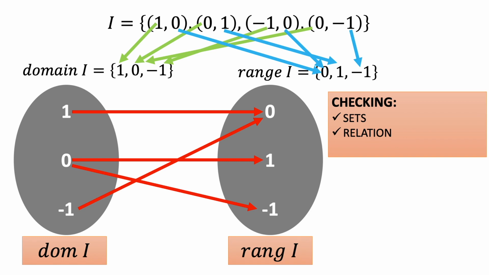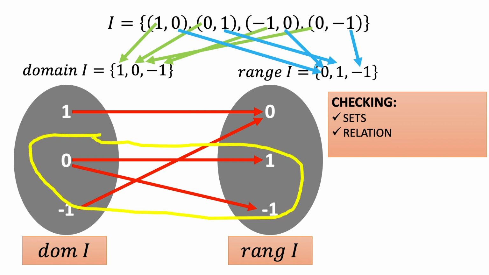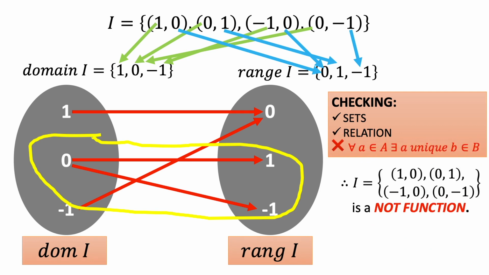Look, the element 0 of domain I was mapped to 2 elements in the range I. Remember, for set I to be a function, 0 must be mapped to 1 and only 1 element in range I. Therefore, set I is not a function, it is only a relation.